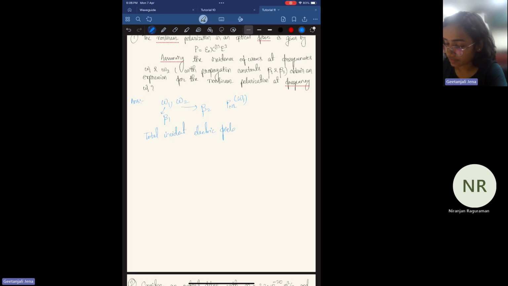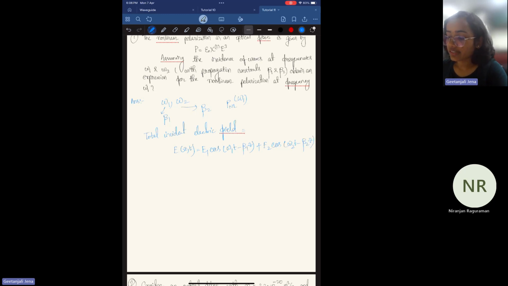So the total electric field is E1 cos(omega 1 t minus beta 1 z) plus E2 cos(omega 2 t minus beta 2 z).